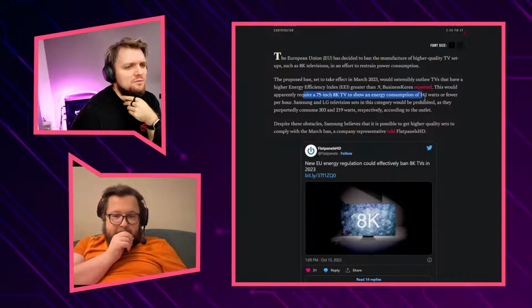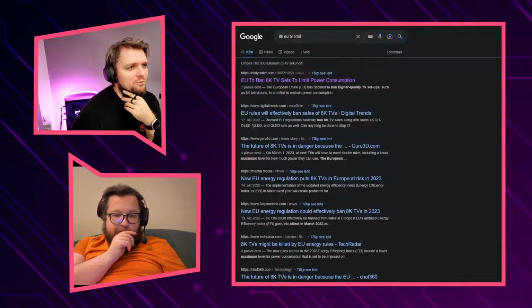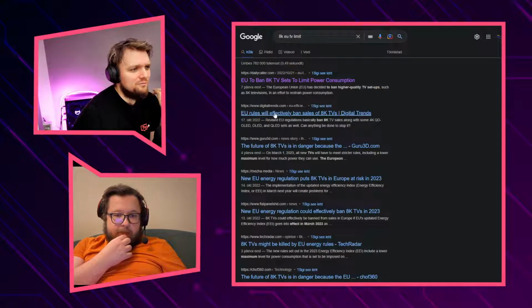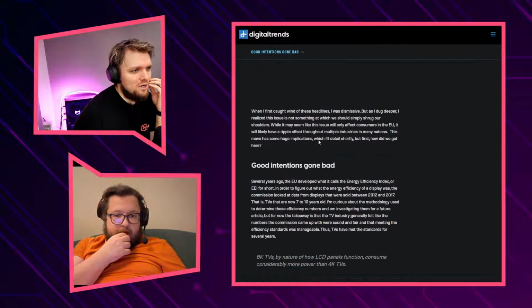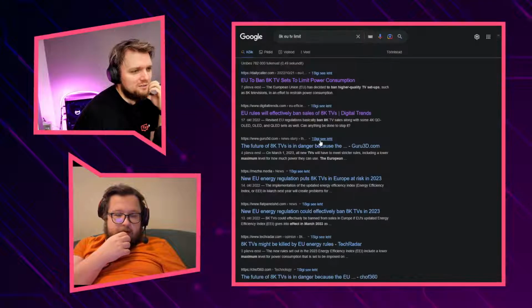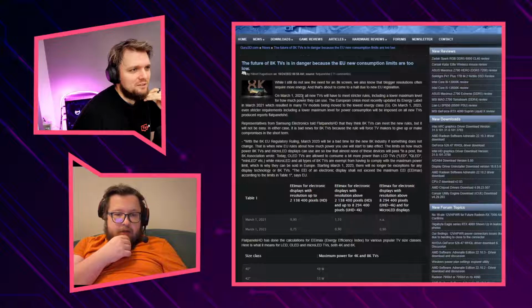It's recent news as well. Wait, how did I miss this? I didn't put it in, but I saw this and I was like, what? It goes into force on March 1st. If nothing changes between now and then, there won't be a single 8K television that can be sold in the European Union.